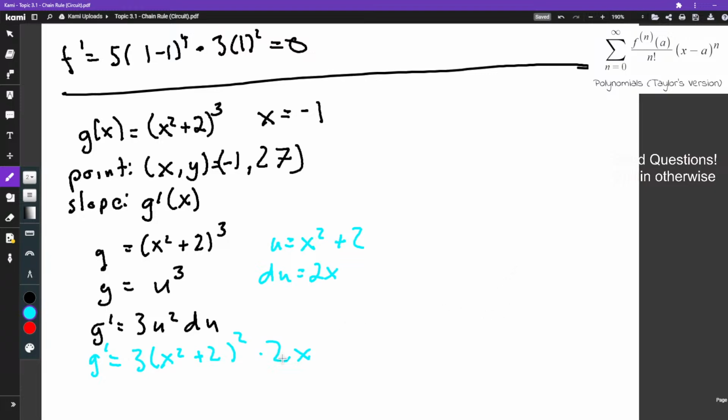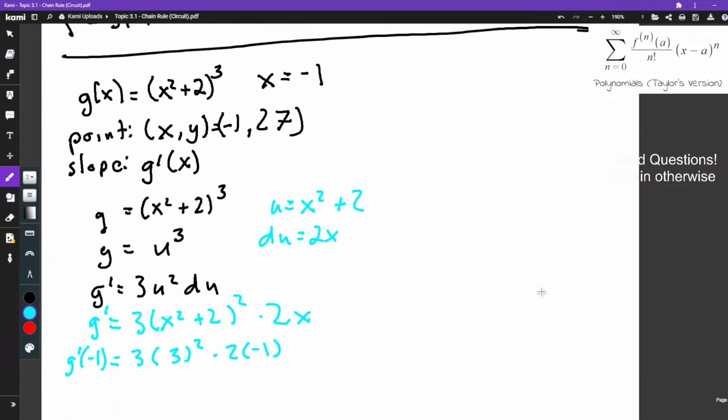Nope, no cards, nothing. And now I have to find g prime of -1. So I have 3 times 3 squared times 2 times -1. That's 27 times 2, which is 54, -54.